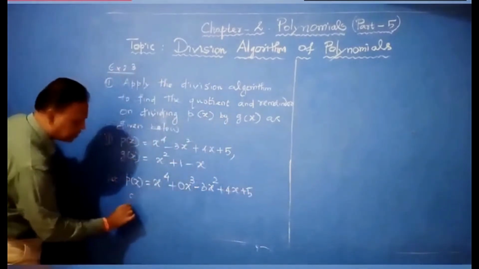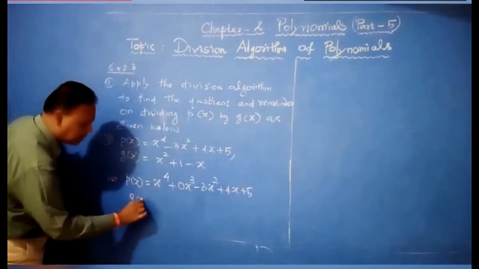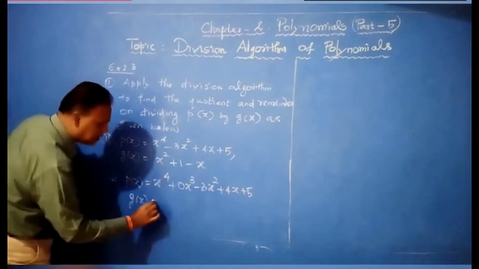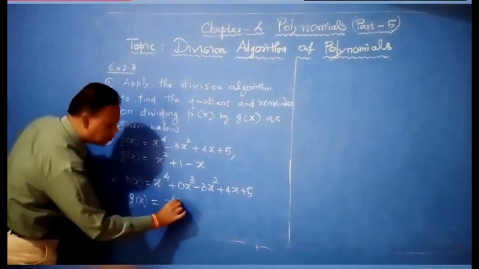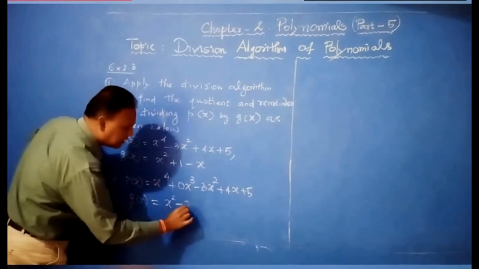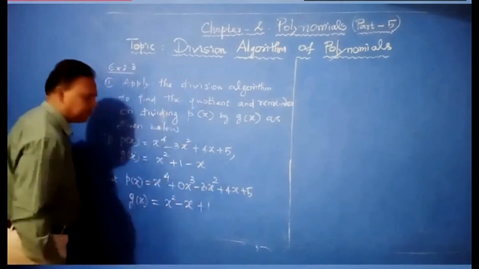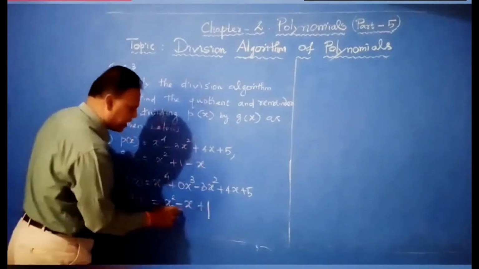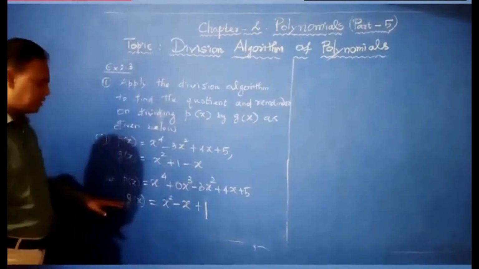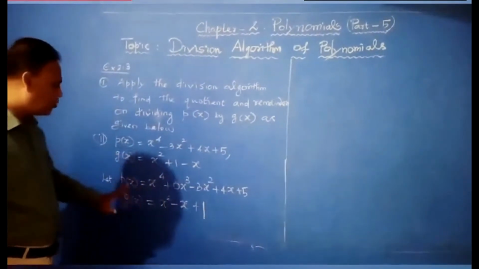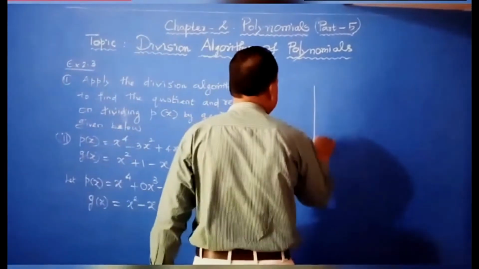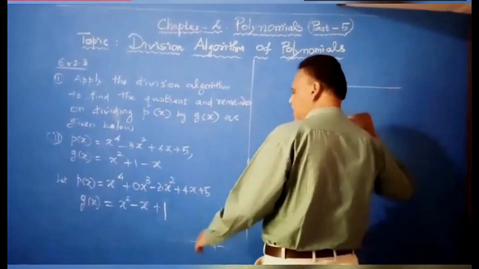And g of x, write it in the standard form, x squared minus x plus 1. Now easily we can divide these two polynomials. Understand? Now we have to divide it. So how to divide? By using division algorithm.